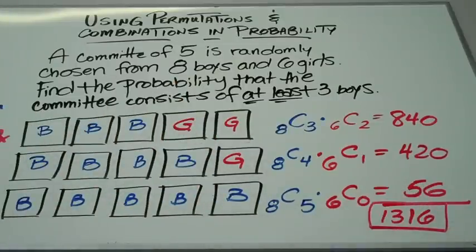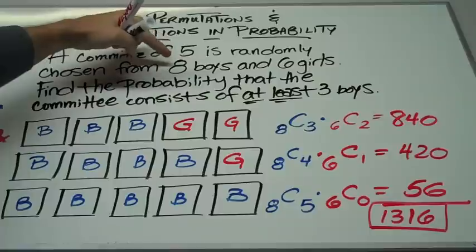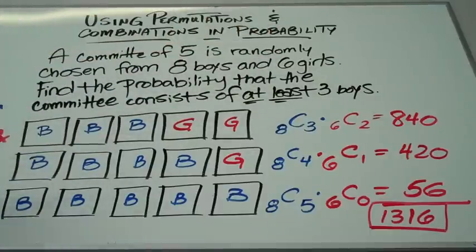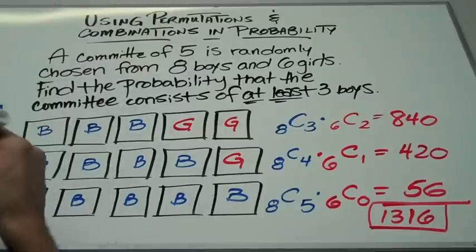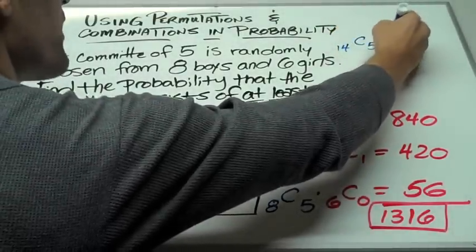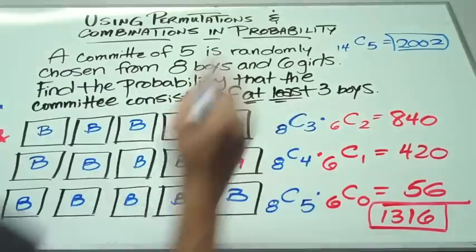We want to find the probability, so we need to know the total number of committees we can have. We've got 8 and 6, which is 14. We've got 14 to choose from, and we're only going to select 5. So 14C5 gives us 2,002 different possibilities.